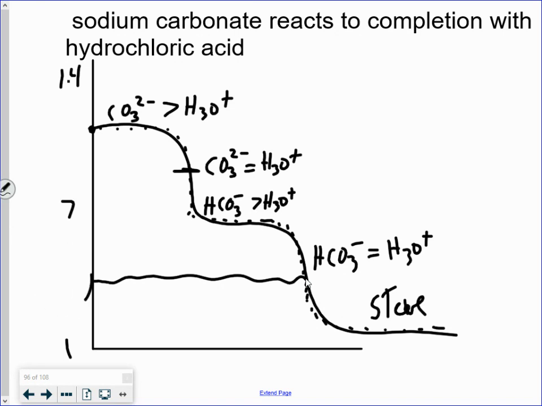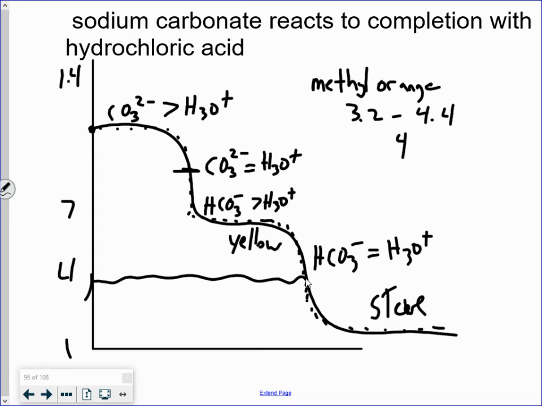Okay, do we see something that's got 4 in the middle of the range? Now, we could use methyl orange, because methyl orange's range is 3.2 to 4.4. So 4 is kind of in the middle. And what we'll see as we get close to that point, methyl orange, when it is basic, looks yellow.